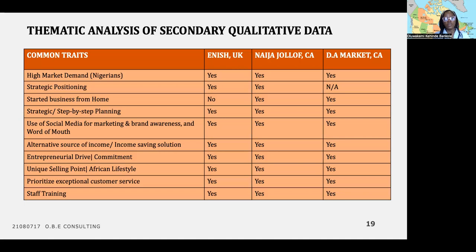As mentioned previously, we conducted a thematic analysis of the available secondary qualitative data, looking into 3 successful Nigerian immigrant businesses in the UK and Canada, and we observed common traits that can be attributed to their tremendous business success.